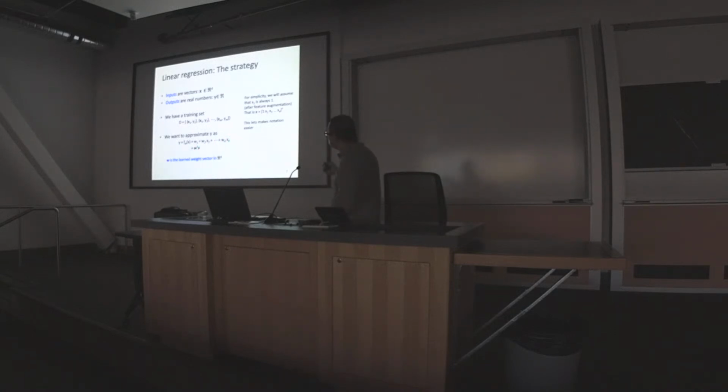So for simplicity, we'll always assume that x1 is 1. So the feature vector is augmented like that: 1, x2, x3 to xd. This is a d-dimensional space, essentially the augmented feature space. If we insist on the original definition, your input space would be d minus 1. But now you add one more constant feature in order to absorb the bias term. So your feature space now becomes d-dimensional. Any questions so far?